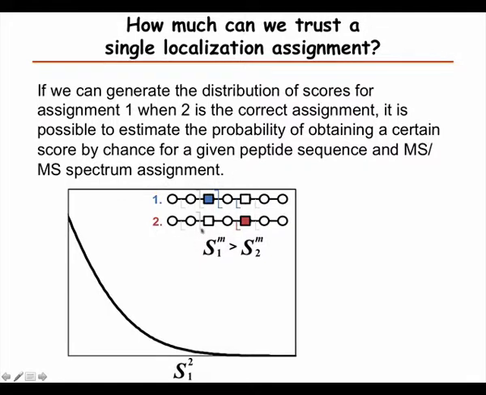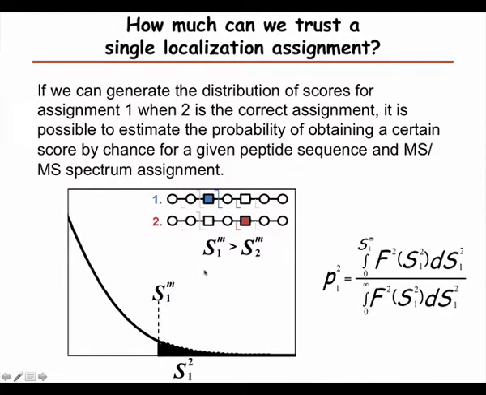And then we can extend this if there are several candidates that are high probability, then we can do the same. So what we want to generate is the distribution of scores for assigning 1 as correct if in reality 2 is correct.